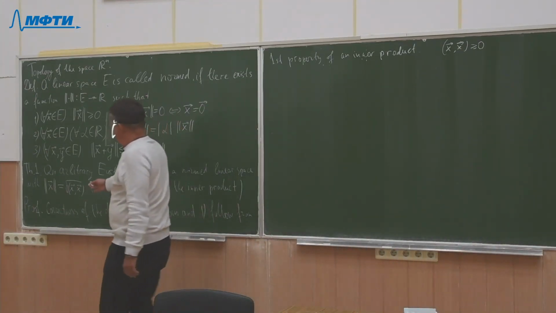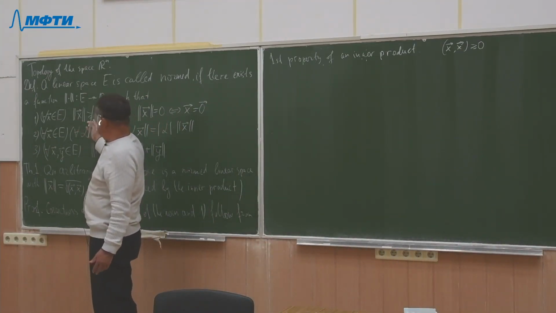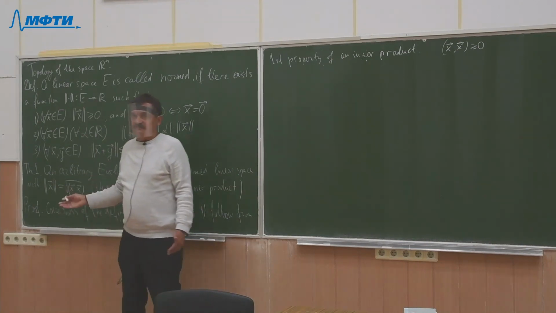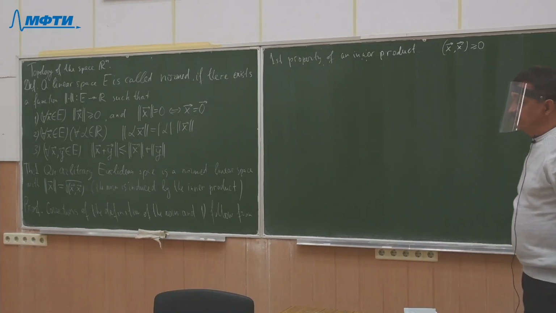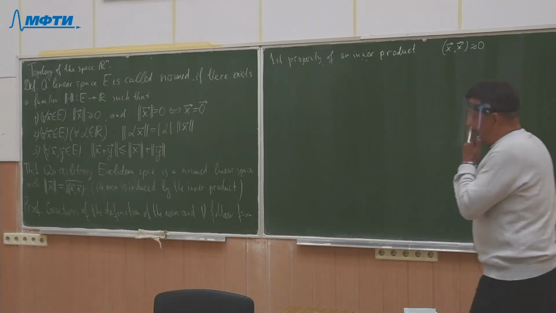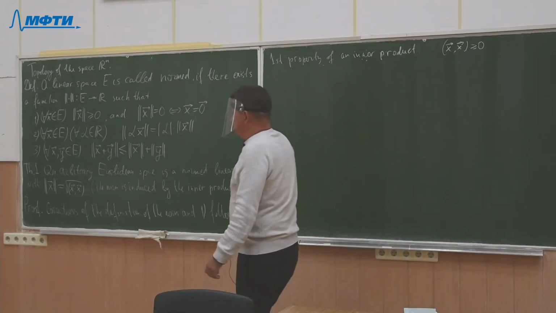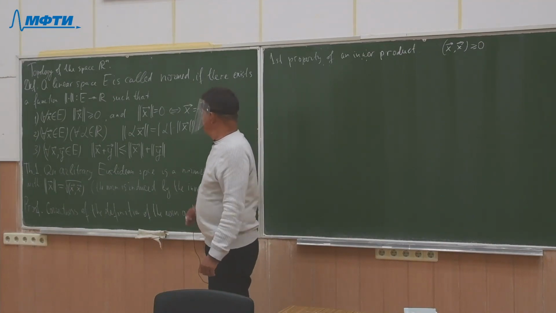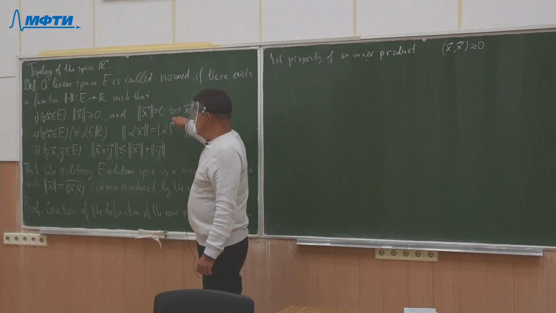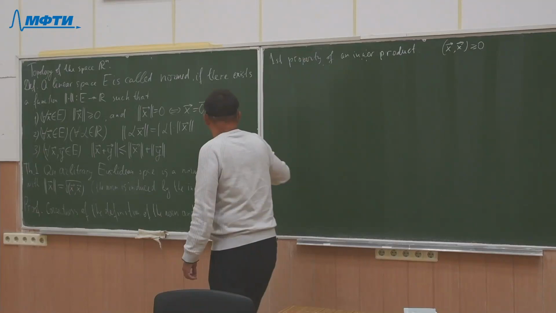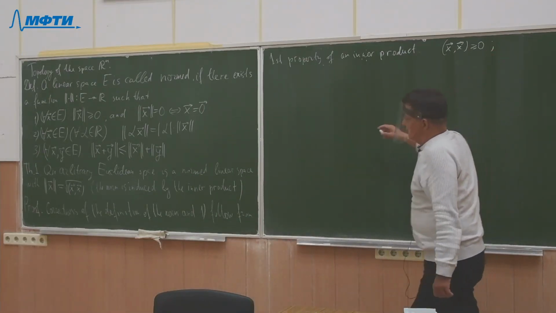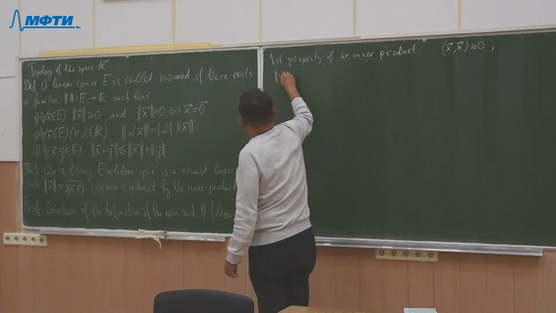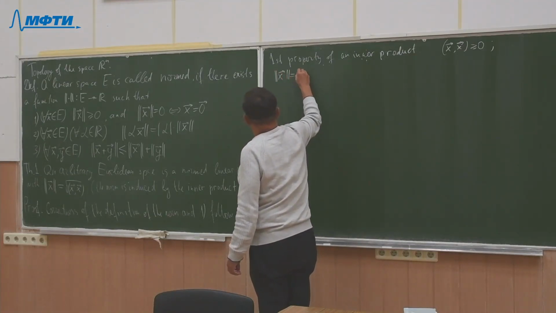Okay, the first property, non-negativeness, follows immediately from properties of the square root. The square root is always non-negative by definition of a non-negative real number. And what about this? Look, norm x equals 0.